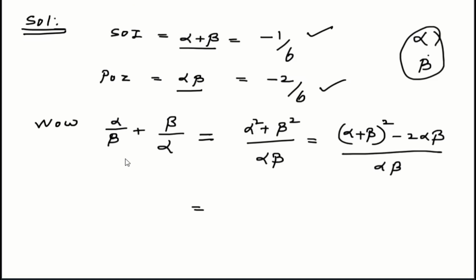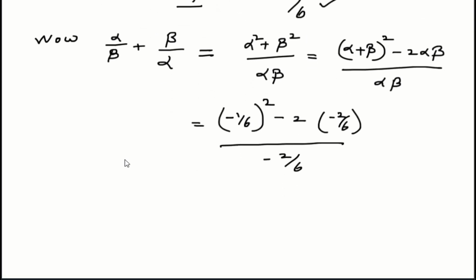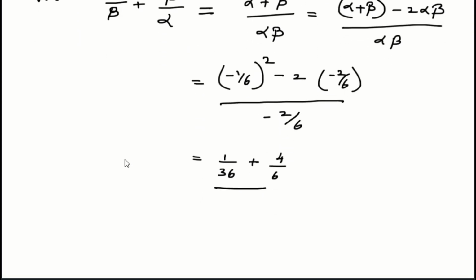So this is equal to alpha plus beta, which I have written as minus 1 by 6, the whole square, minus 2 times alpha beta, which is minus 2 by 6. You can reduce it as 1 by 3, divided by alpha beta, the denominator, minus 2 by 6. So it goes as 1 by 36 plus 4 by 6 divided by minus 2 by 6.